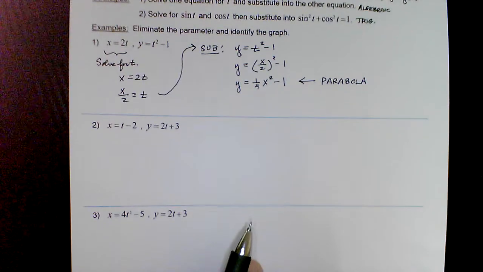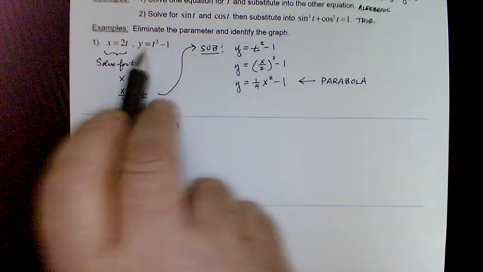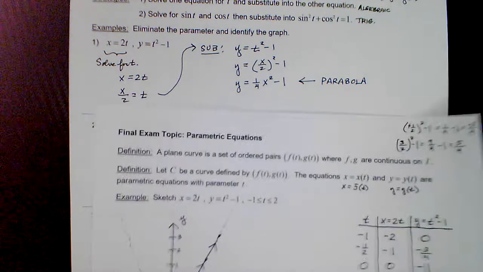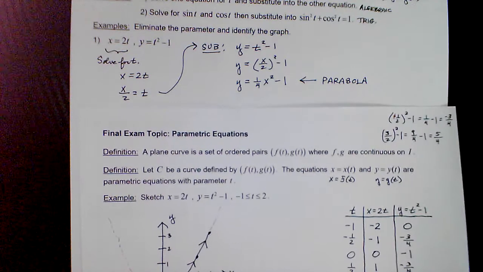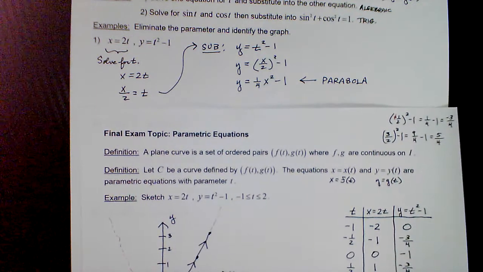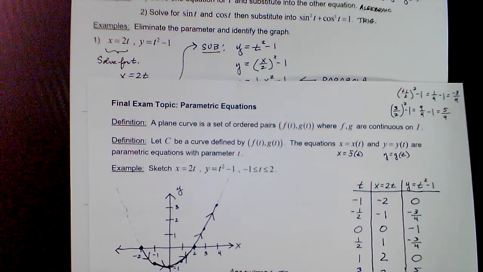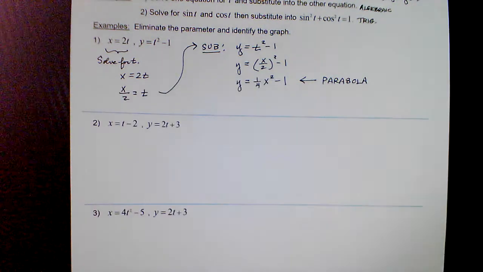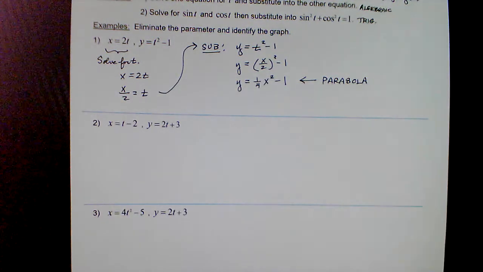Okay, here's the second equation. Oh, and notice that that was actually our example that we sketched, right? So go back and check that out. That proves that our graph was correct. It is actually a parabola. We've just proven it by this method.